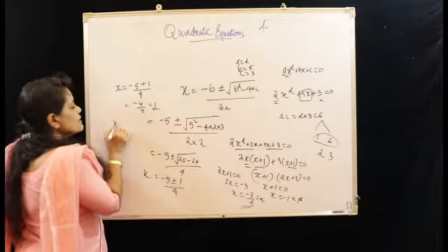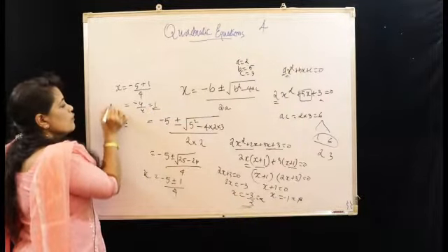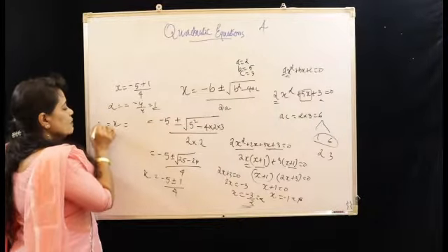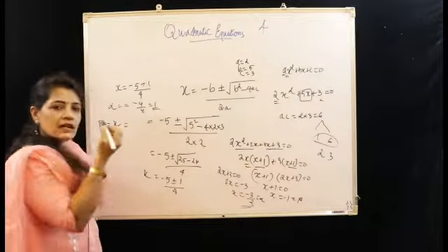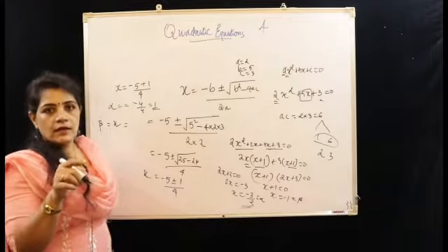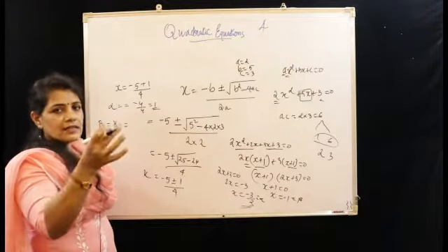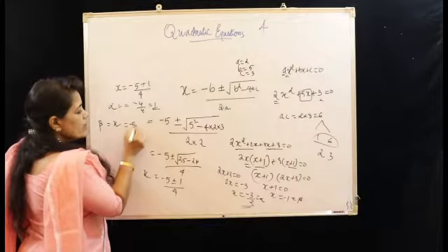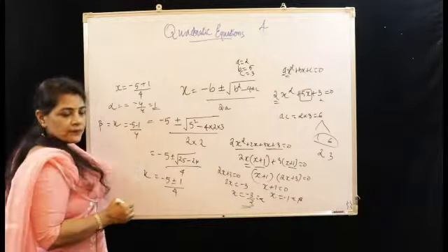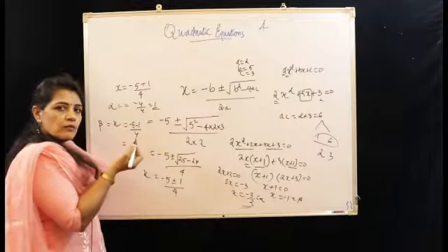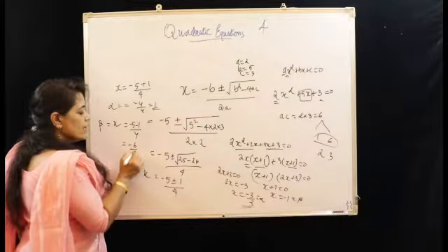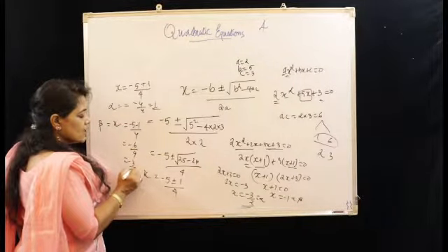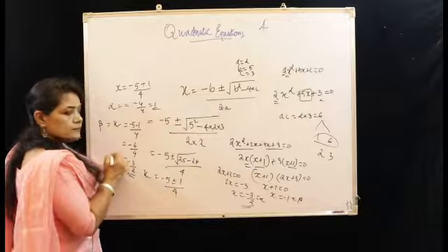And in order to get the second root, this can be alpha and this can be beta, and for that you have to consider the negative sign, and give both the signs separately in order to get the two roots. For that, minus 5 minus 1 by 4, right? So you will get minus 5 minus 1 is minus 6 divided by 4, you can reduce to minus 3 by 2, this is beta.